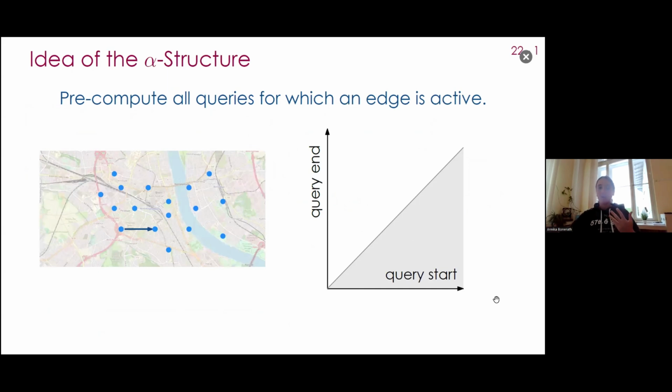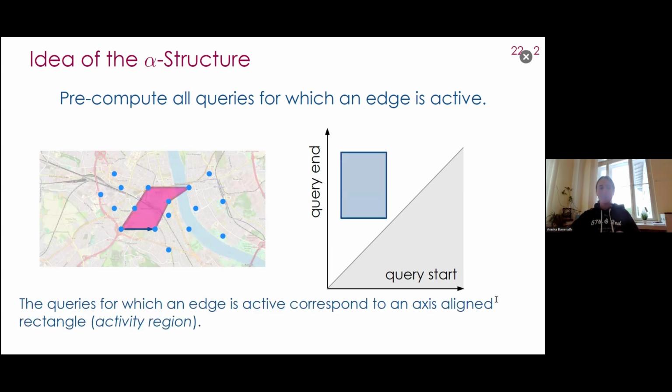And now when we pre-compute all queries for which an edge is active, we have these rectangular regions in this activity space diagram. So the edge here in the bottom, the blue edge, has associated this activity rectangle in the activity region, which defines for which queries we would show this edge in the alpha shape.